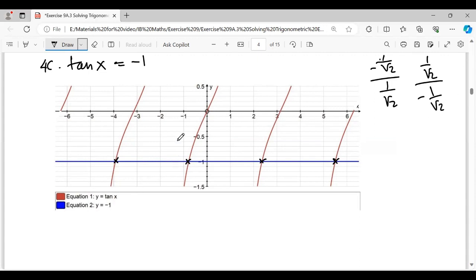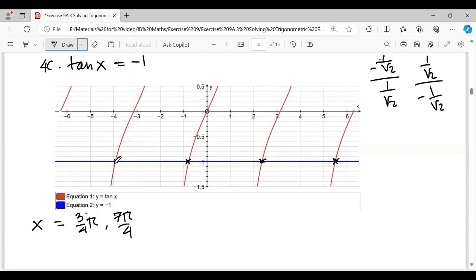So x equals 3/4 pi and 7/4 pi. This is 3/4, and the second is 7/4.